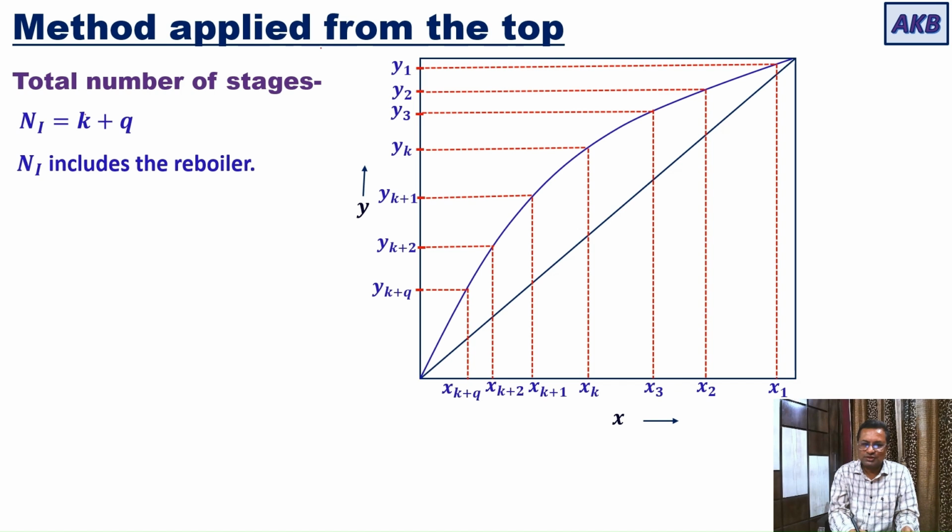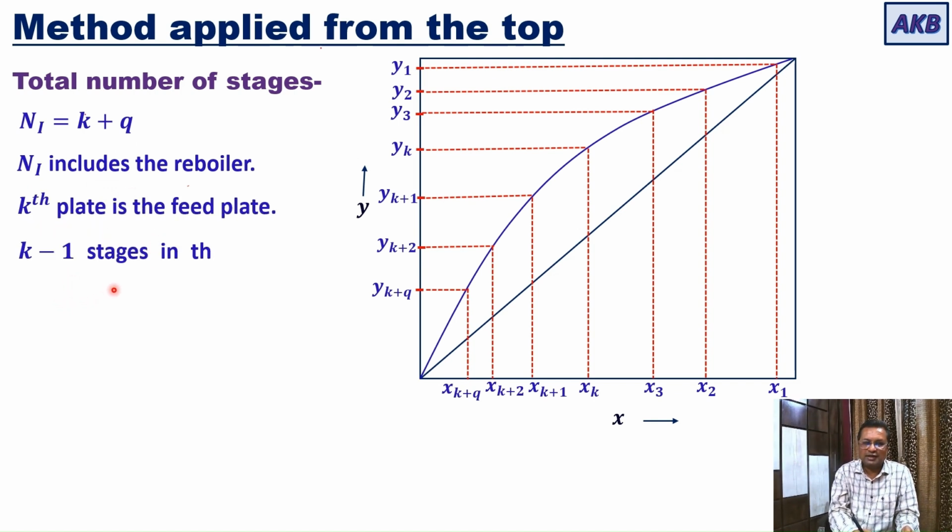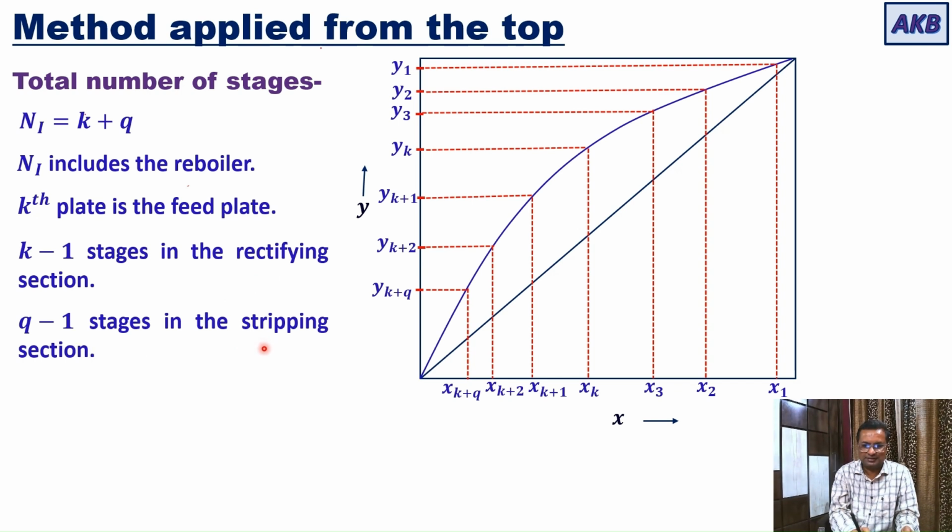This number includes the reboiler, that is Ni is equal to k plus q, and this Ni includes the reboiler. The kth plate is the feed plate, with k minus 1 stages in the rectifying section and q minus 1 stages in the stripping section. So you are going to report Ni number of stages and say that this includes the reboiler.